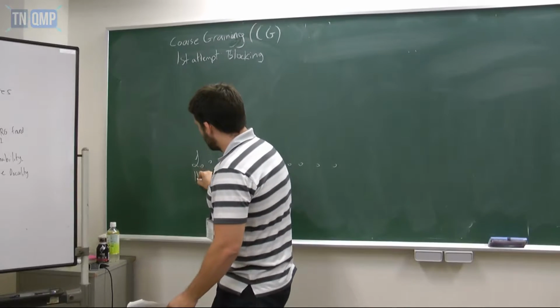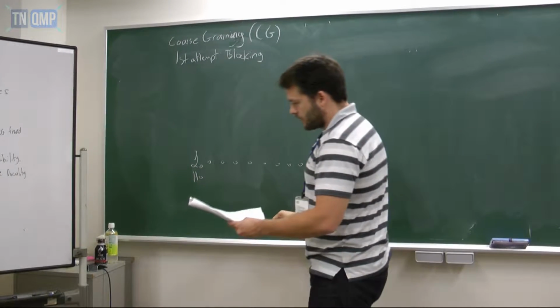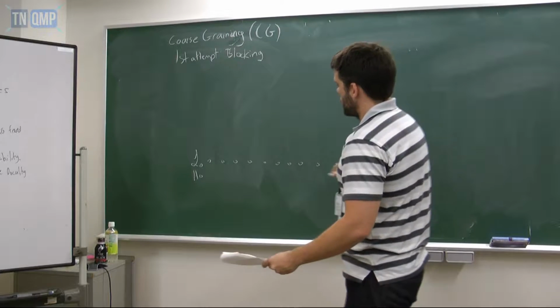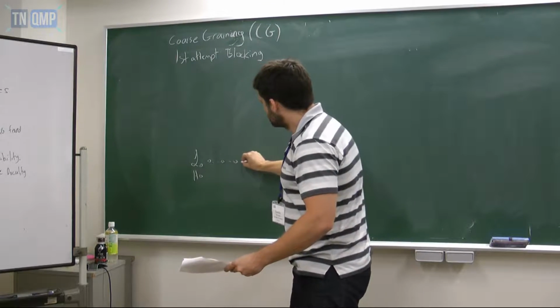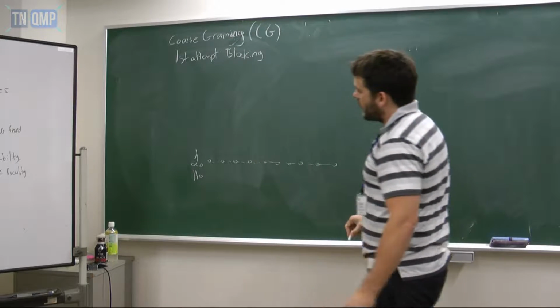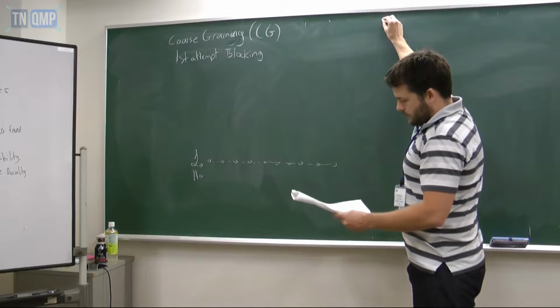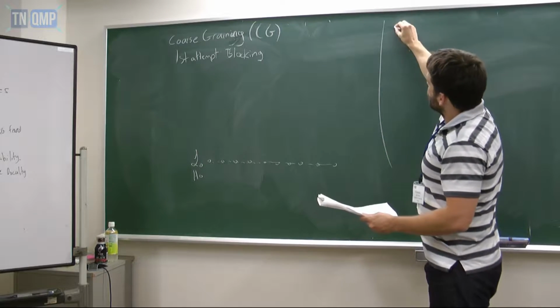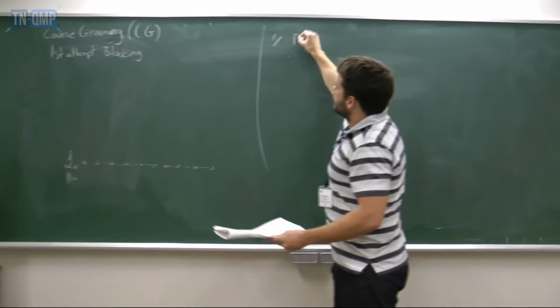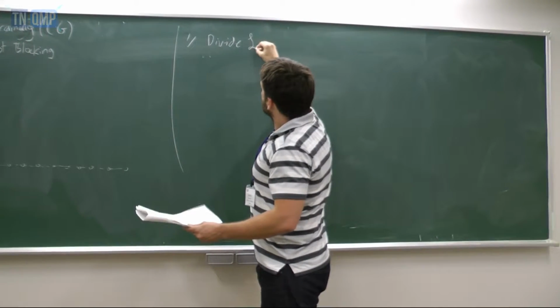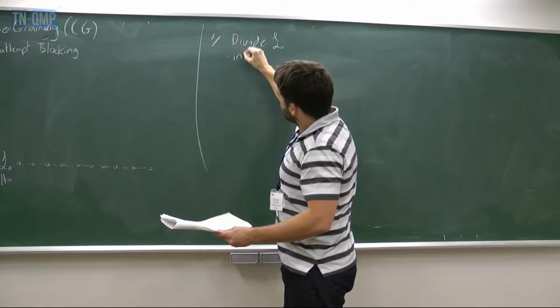Maybe we have some Hamiltonian H0 on this lattice. What we want to do is figure out how we can do some real space RG on this lattice. So the simplest way we could do this is to divide L0 into blocks.